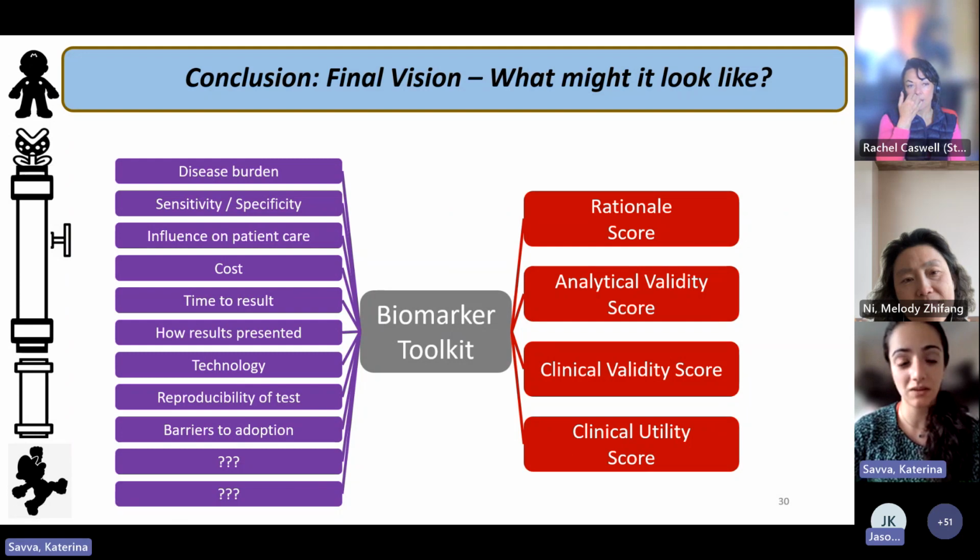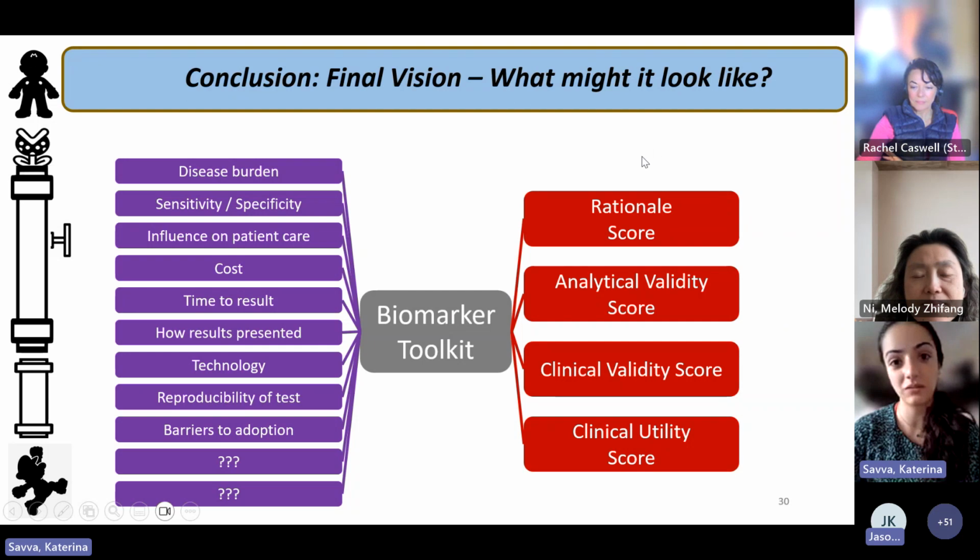So that was a brief summary of the tool, which also overlaps with what Melody discussed before about deciding which of the pool of biomarkers is more likely to succeed based on scores. It's a different kind of scoring, but the concept is very overlapping.